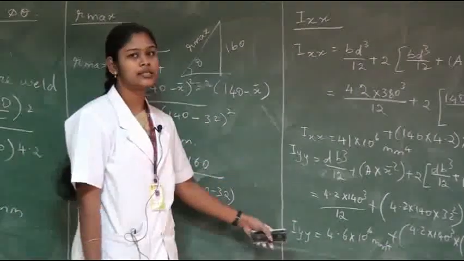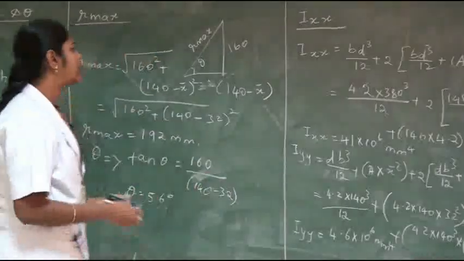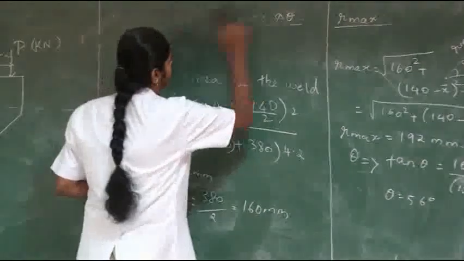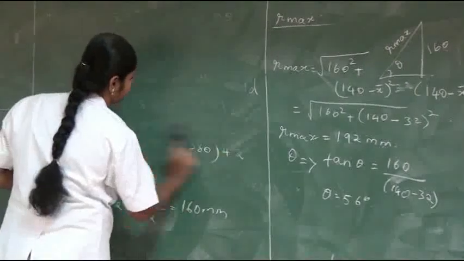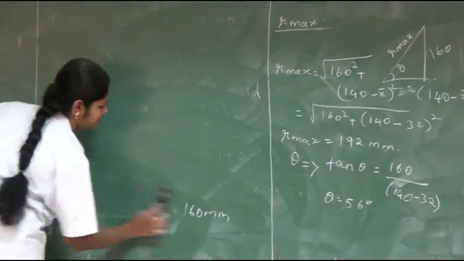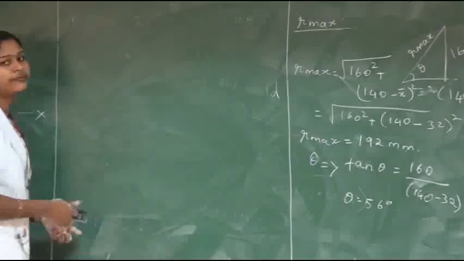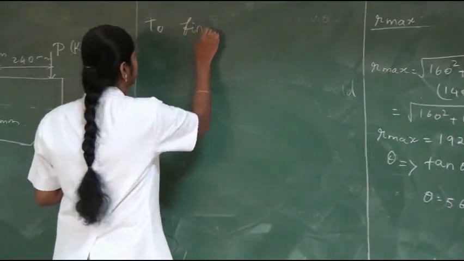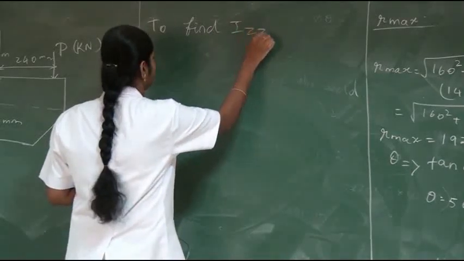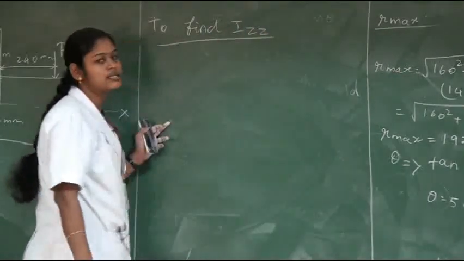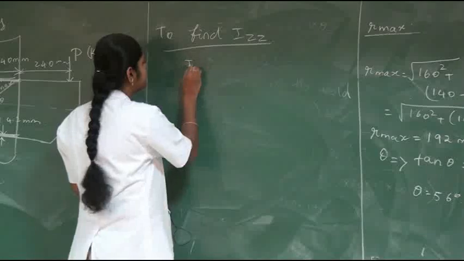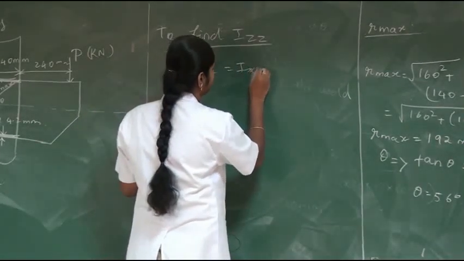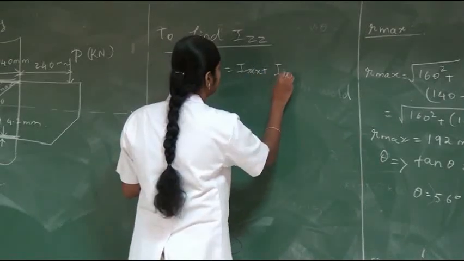We have calculated Ixx and Iyy, then we have to calculate Izz, the moment of inertia in the z direction. To find Izz, we know the formula Izz is equal to Ixx plus Iyy.